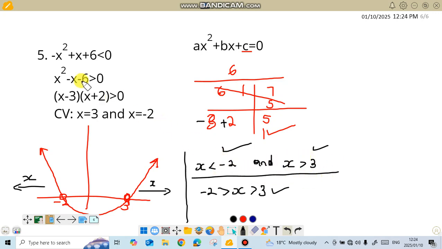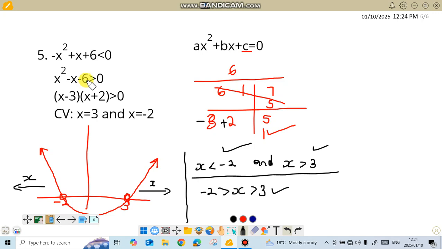So you can check it, you can substitute here and see. Substitute negative 2: negative 2 squared is 4, minus negative 2 is going to be 6, minus 6 gives 0.